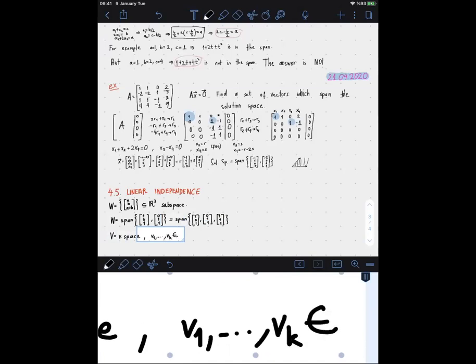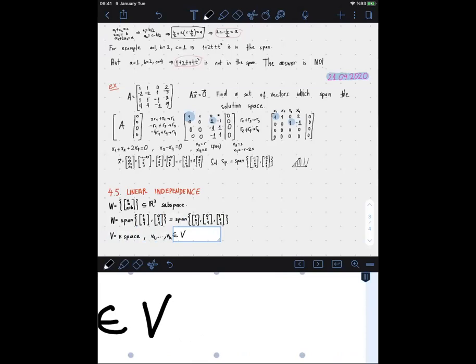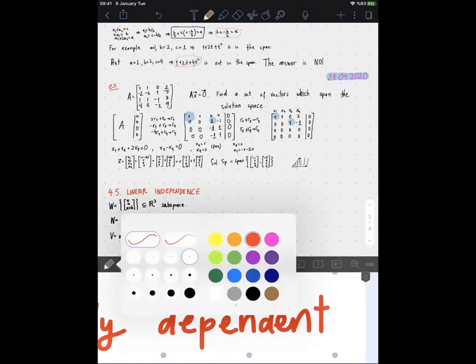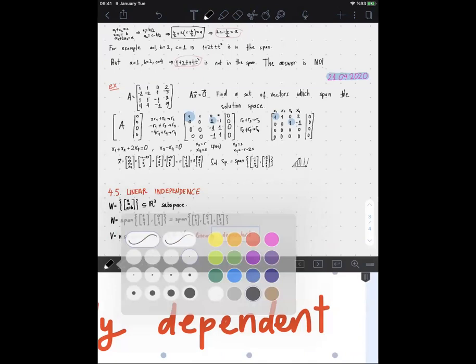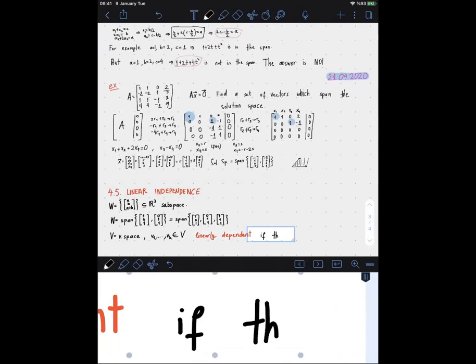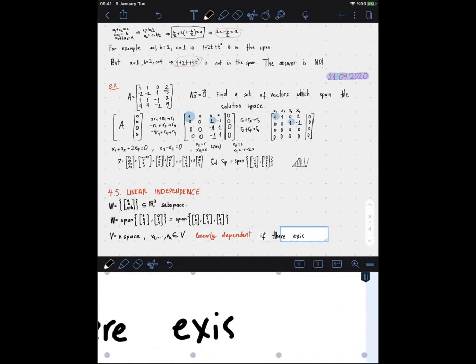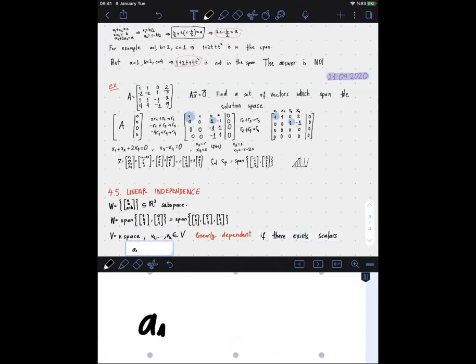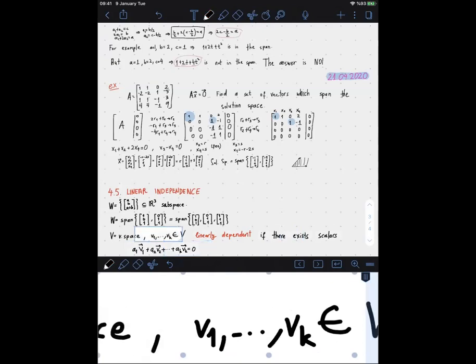These are the vectors, and we call them linearly dependent if there exist scalars, meaning numbers, such that a1 v1 plus and so on plus ak vk equals 0. Sometimes I use a vector sign, but sometimes I don't.